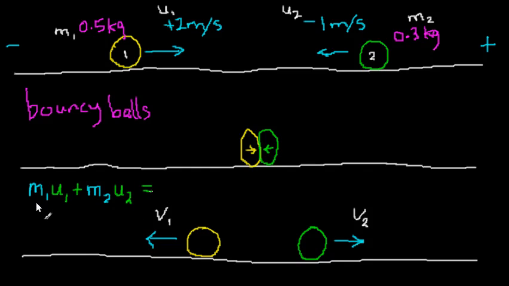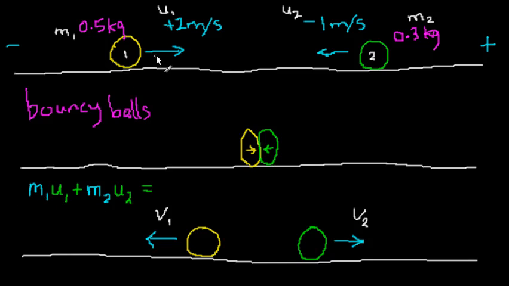So those are the values, the velocities before they collide. Okay, u1, u2. Now, what I've done is I'm adding the momenta together.